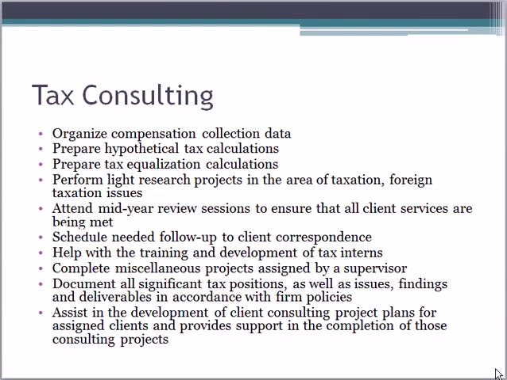We also have tax consulting. The majority of our clients are corporations, and those corporations send executives, managers, or regular staff to their foreign offices. And they will offer what we call tax equalization. What does that mean?